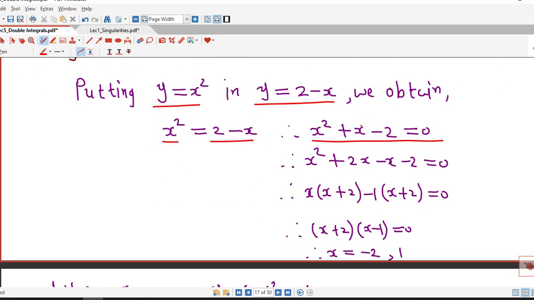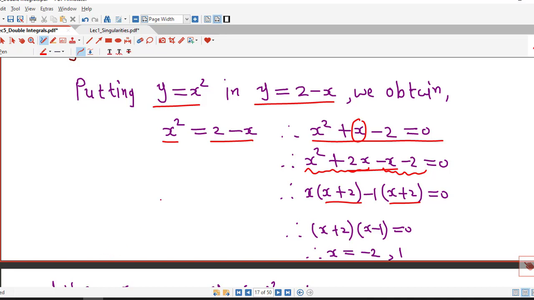This is easy to factorize. We replace x by 2x minus x and then take x common from the first two terms, and from the last two terms we take minus 2 common, so that we have x plus 2 as a common factor, and this becomes x plus 2 times x minus 1 equal to 0.